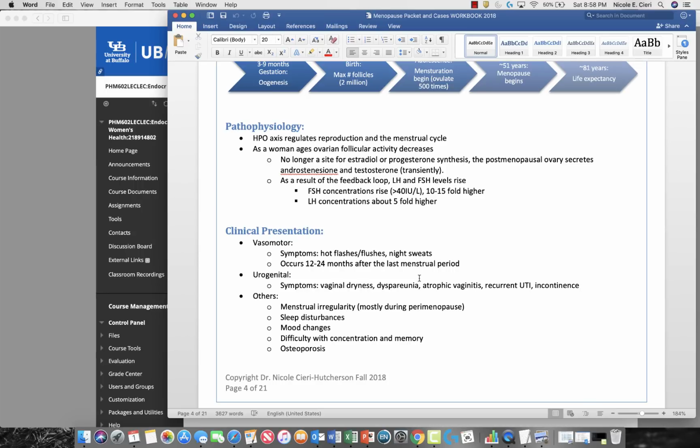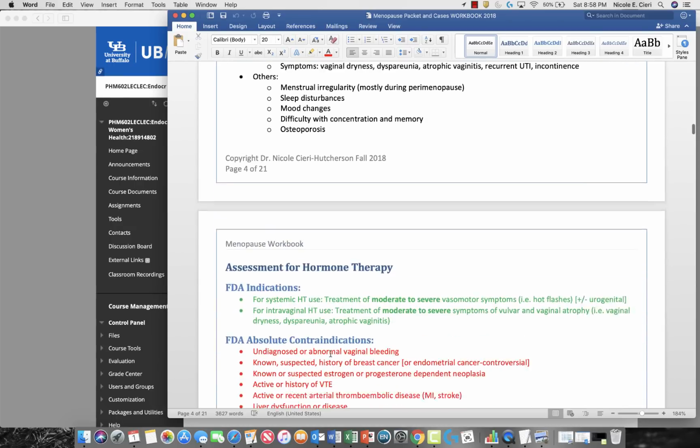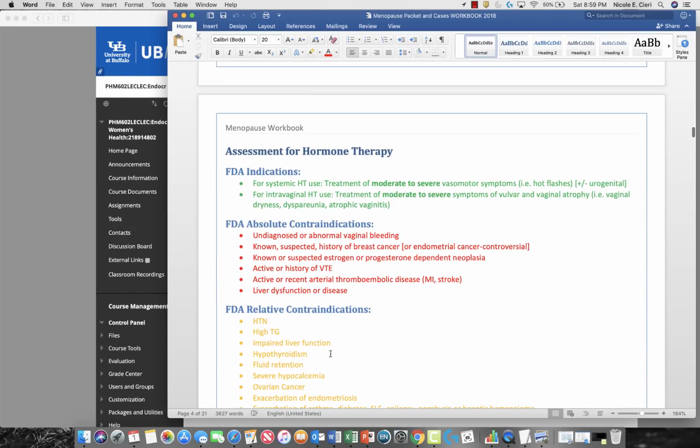The urogenital symptoms can include vaginal dryness or atrophy, dyspareunia, which is painful intercourse, atrophic vaginitis, recurrent UTIs, and incontinence. Additionally, these other symptoms are often associated with menopause: mood changes, sleep disturbances, which may or may not be due to the vasomotor symptoms, difficulty with concentration and memory, and osteoporosis, all because of decreases in estrogen.